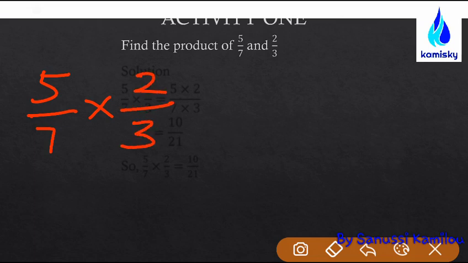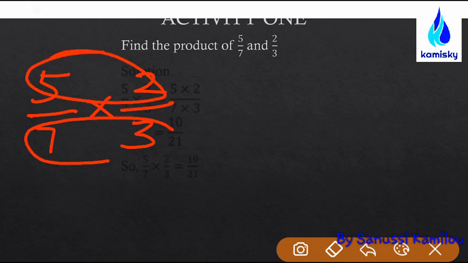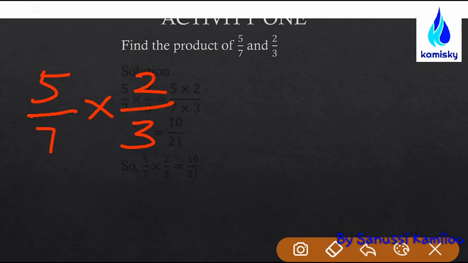As the rule is as said, we shall multiply the numerators by the numerators and the denominators by the denominators. That's all. Is it not so simple? So let's look at how we can do that.